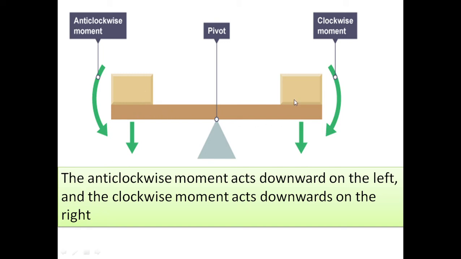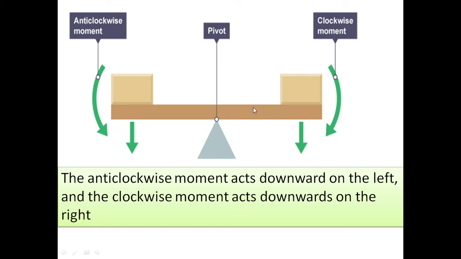Then it will rotate in this direction, clockwise. Again you keep the weight here and remove the right side weight, then the bar will rotate anti-clockwise.